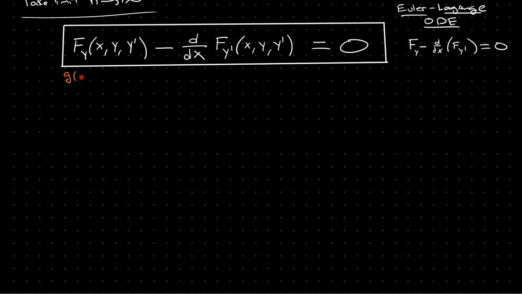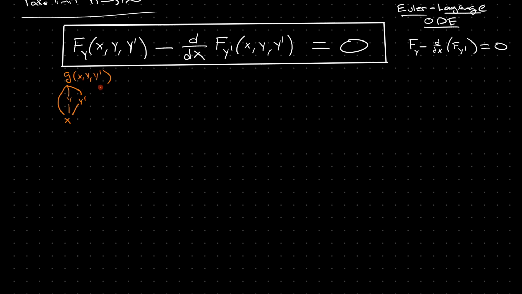a review from multivariable calculus. Let's say we have a function g of x, y, and y prime. So g depends possibly independently on x. It depends on y, which also depends on x, and it depends on y prime, which also depends on x.